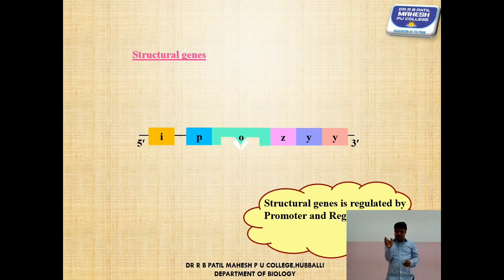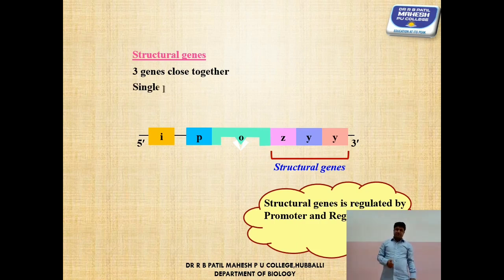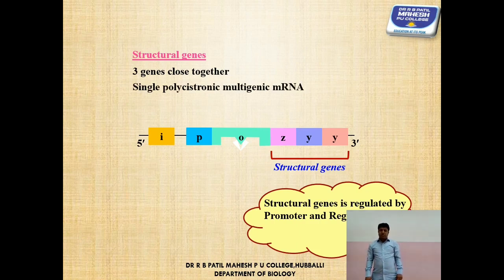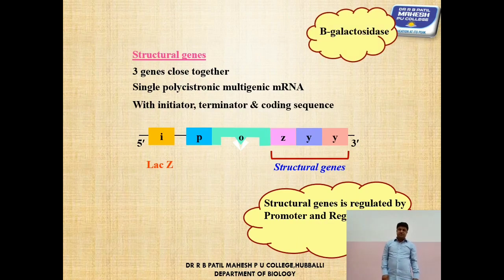So these structural genes are regulated by two genes, promoter and regulator genes. So three genes are close together, structural genes: LAC-Z, LAC-Y and LAC-A. A single polycistronic multigenic mRNA with the initiator, terminator and coding sequences.